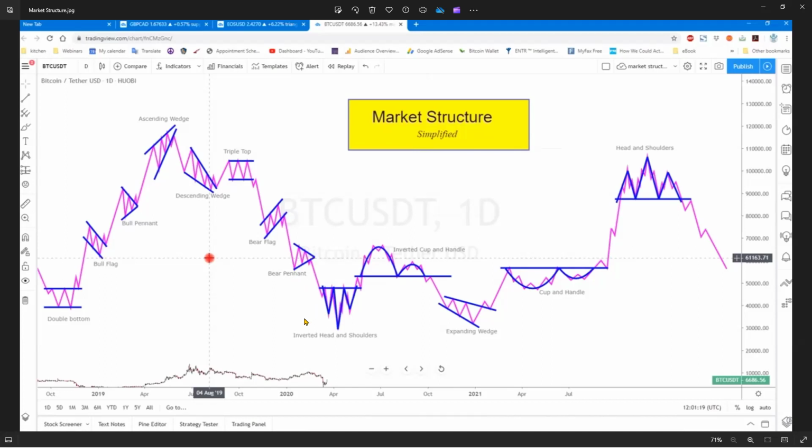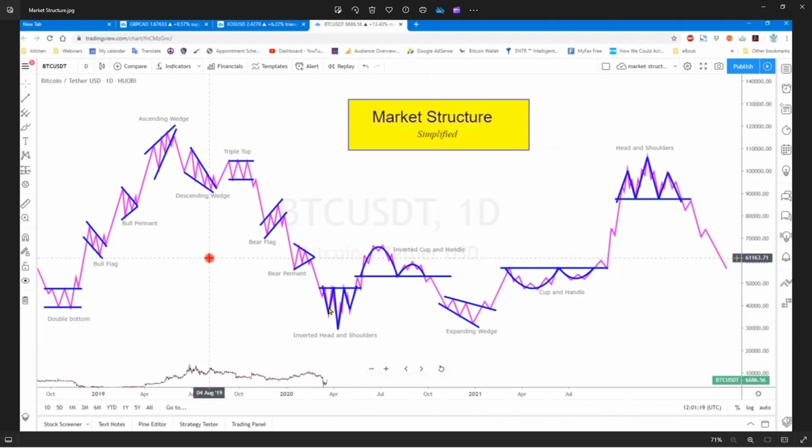Now, I've taught you guys what inverted head and shoulders are. So when you start seeing the inverted head and shoulders, you'll notice that the market is changing. But it could also be a fake out, and you'll notice by looking at the next pattern, which is an inverted cup and handle.